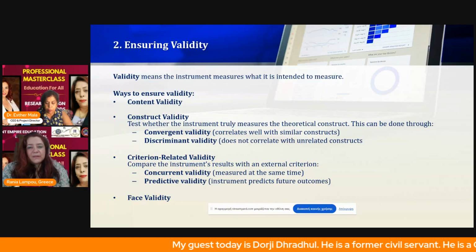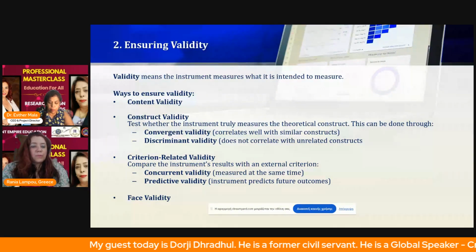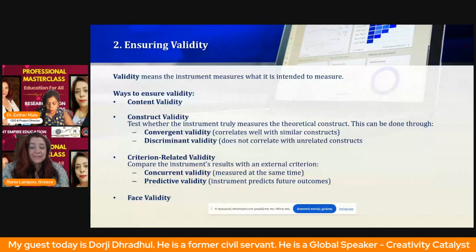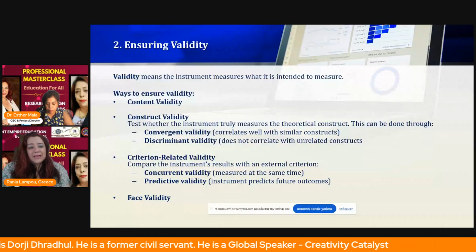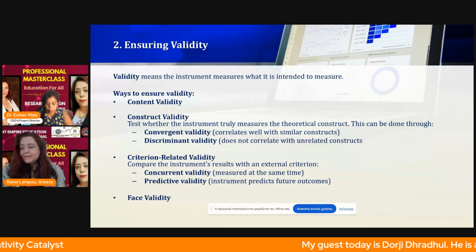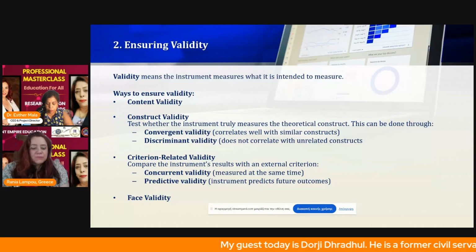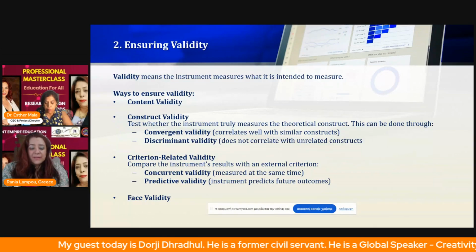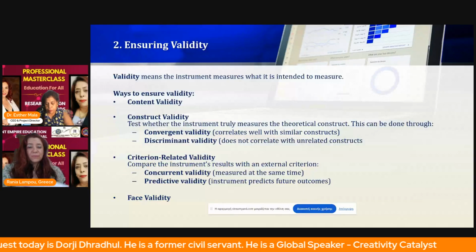Then we have criterion-related validity. We try to compare here the instrument's results with an external criterion. So two types: concurrent validity, which is measured at the same time, and predictive validity, when the instrument predicts future outcomes. And then face validity, a subjective judgment by experts or respondents about whether the instrument appears to measure what it's supposed to.